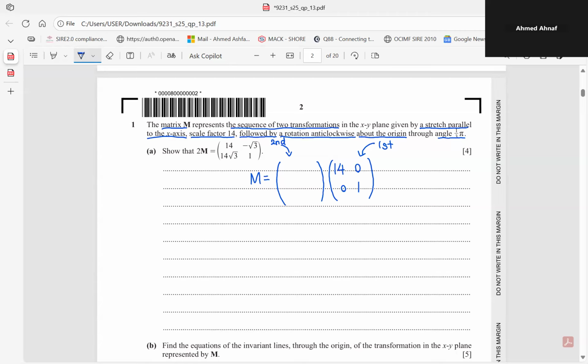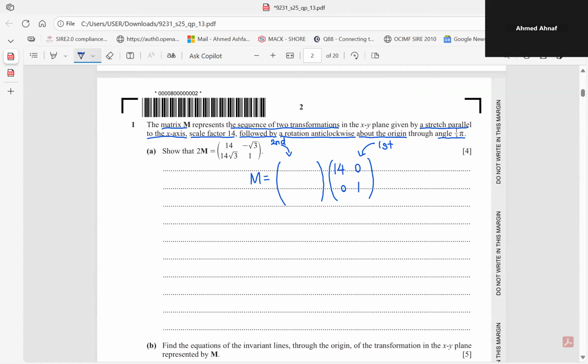A good way to remember this is that this is the identity matrix, which doesn't show any stretch parallel to the x or y axis. Whenever you multiply any matrix with the identity matrix, the matrix stays the same. This one would be your x and this one would be your y. So this is one way to remember your stretch matrix.